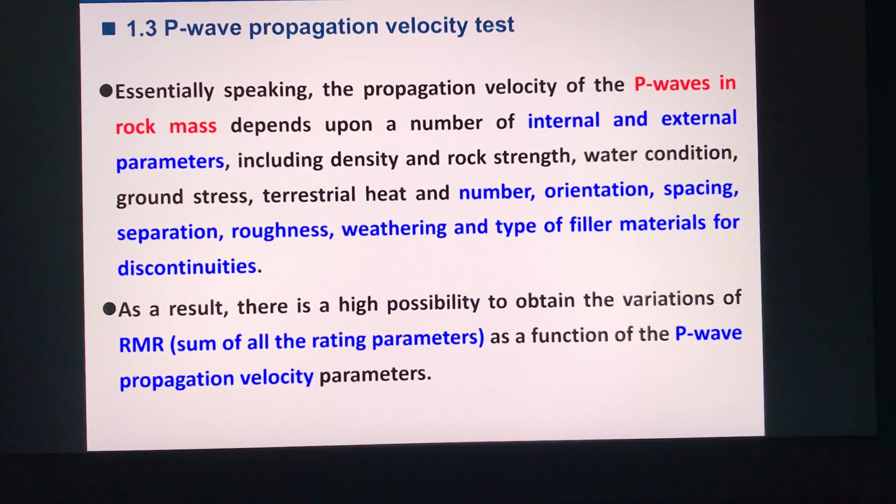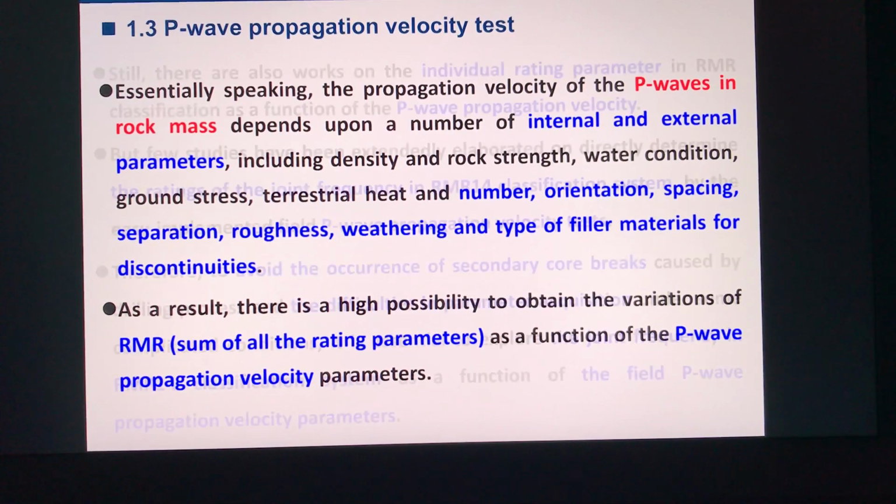And essentially speaking, the propagation velocity of the P-waves in a rock mass depends on a number of internal and external parameters, wherein the number, orientation, spacing, separation, roughness, weathering, and the type of filling materials for discontinuities is a key point. As a result, there is a high possibility to obtain the variations of RMR, the sum of all the rating parameters, as a function of the P-wave propagation velocity parameters.